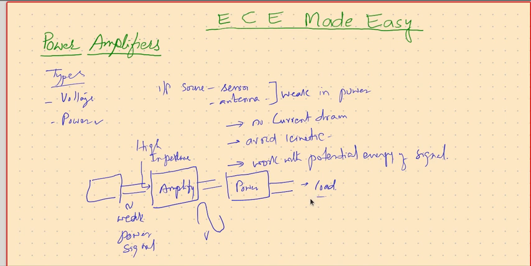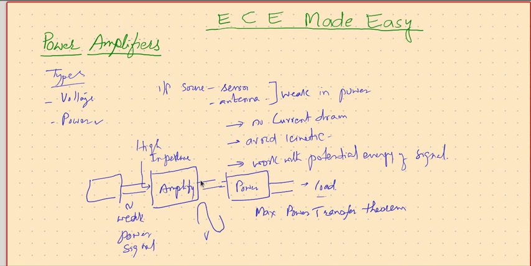When you want a maximum power at the output, then we need to ensure that the maximum power transfer theorem is applicable. And the maximum power transfer theorem says that whenever two systems are being connected, then the output impedance of the first stage should be the complex conjugate of the input impedance of the second stage.